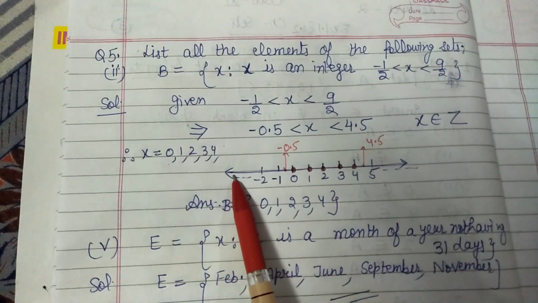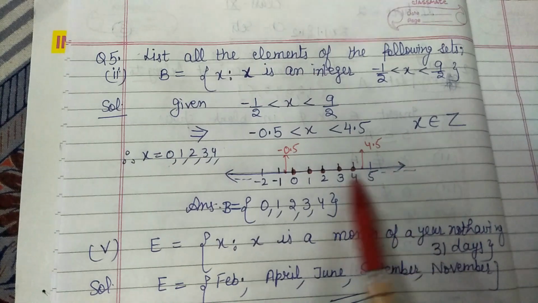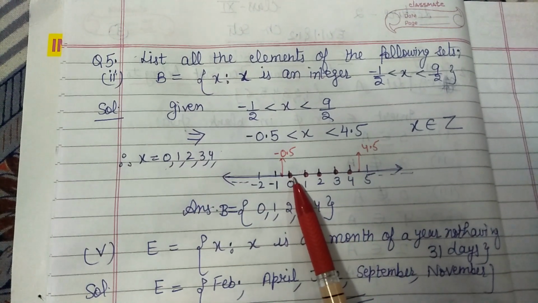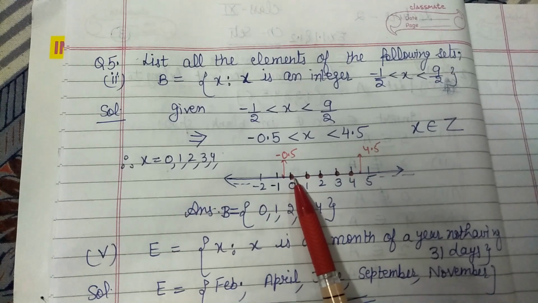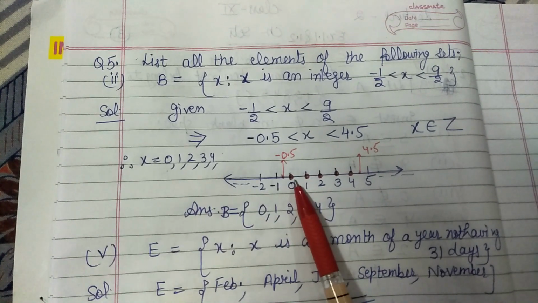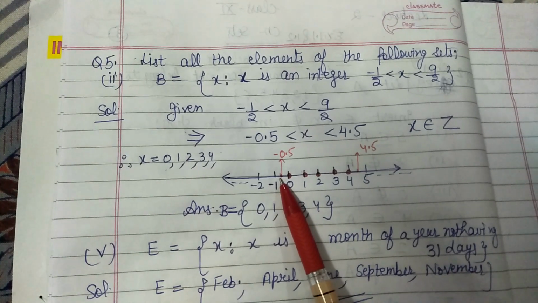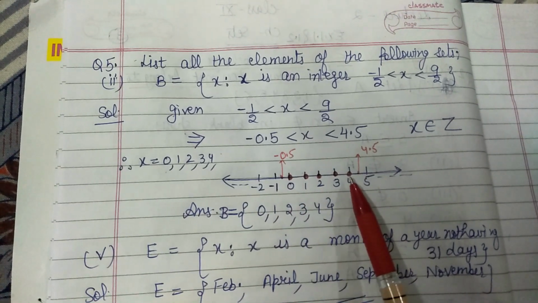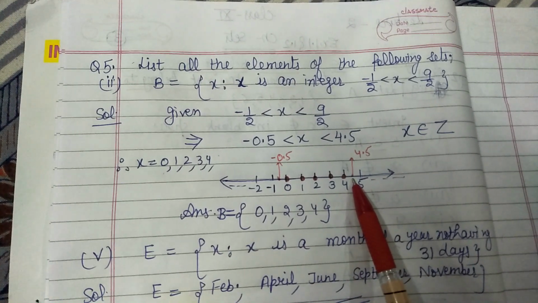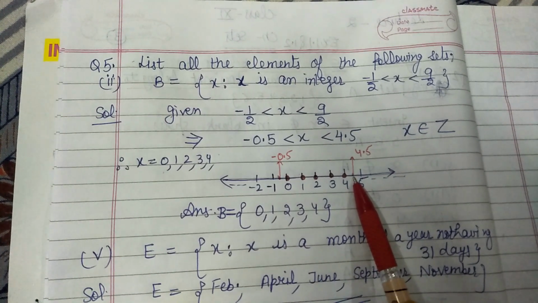Now please see, if we draw this real number line, on the left hand side of 0, between -1 and 0 there is -0.5, and between 4 and 5 on the right hand side there is 4.5.